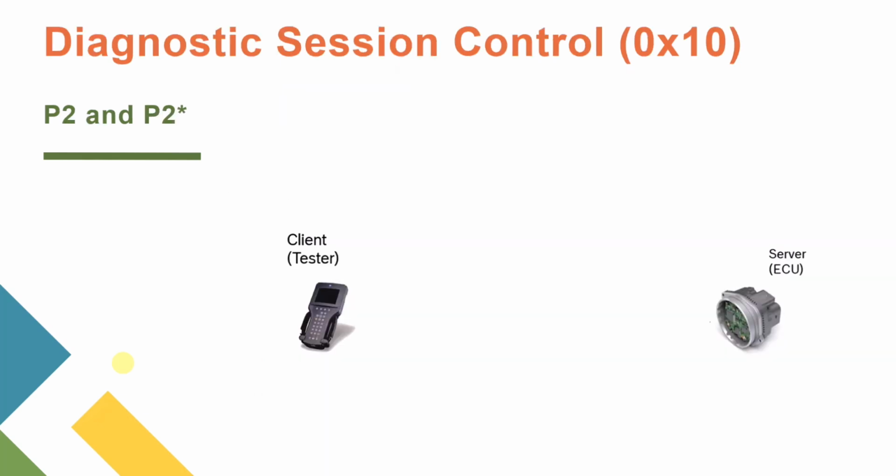First we'll discuss P2. What are the P2 timing and P2 star timing? It is very important to get correct functionality within a specified time. So here we have a tester, and here we have a server. Suppose I request some functionality from the server, 10 01, subfunction 01.